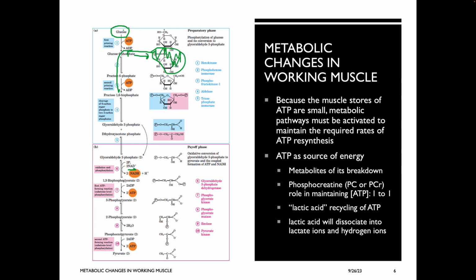So the difference between anaerobic and aerobic glycolysis is once we get to pyruvate, right? In aerobic glycolysis, pyruvate is going to get converted and go into the mitochondria to start producing energy. So aerobic glycolysis will use the mitochondria.